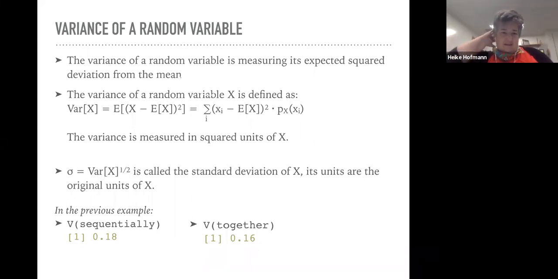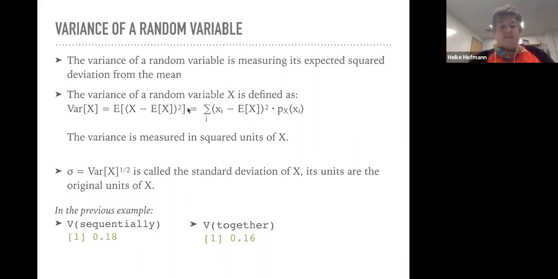Essentially, the variance of a random variable measures how far away, on average, we go from the mean that we would expect from this random variable. So the variance is defined as yet another expected value: the expected value of the squared deviation of a random variable away from its mean. So how much spread do we have in this random variable?